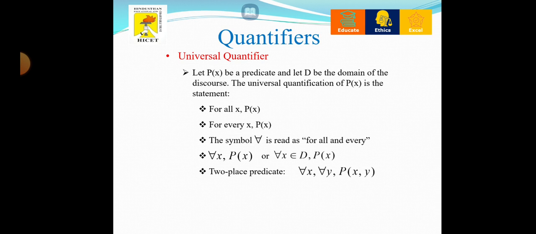The symbol is read as for all and for every. For all x, P of x, or for all x belongs to D, P of x. These are one place predicates because we are using only one variable. Then, two place predicates use two variables, x comma y: for all x, for all y, the statement P of x comma y.